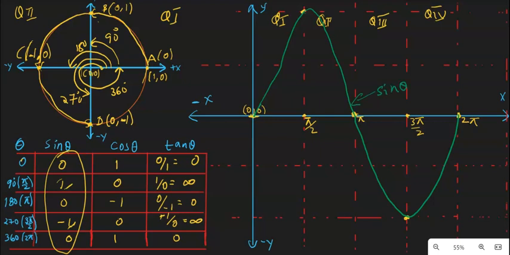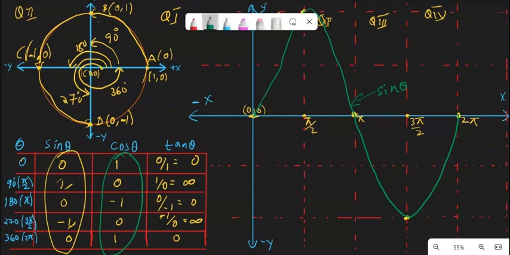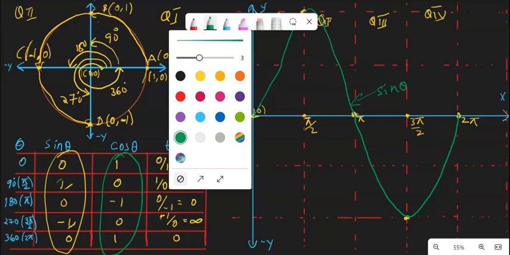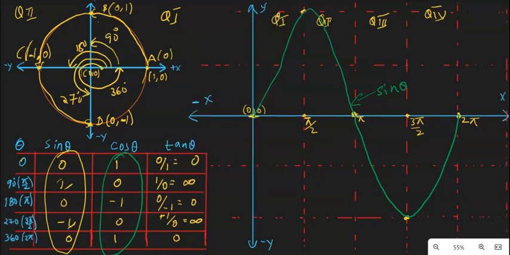And also let's draw the cosine curve on the xy axis. I'm going to use a different color for this one as well, maybe red. Okay, so at 0 the cosine value is 1, this is 1, this is 0.5, this is minus 0.5, and this is minus 1.